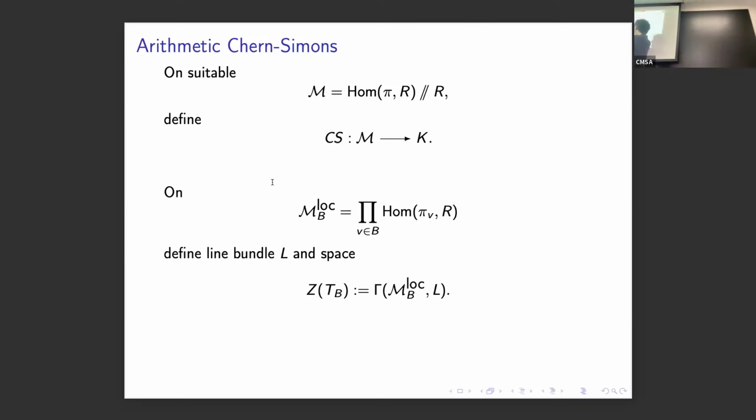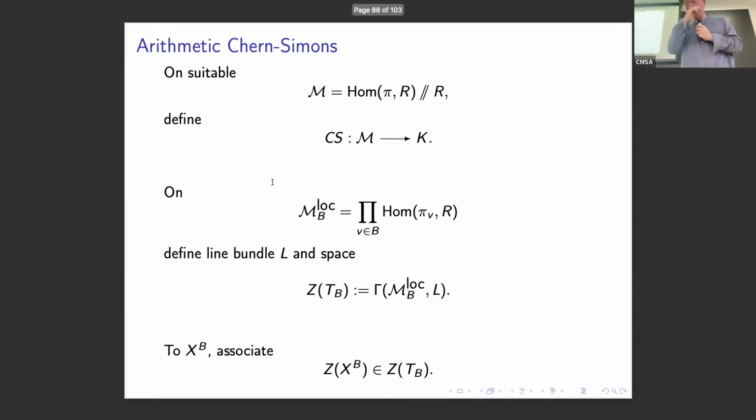Boundary moduli spaces associated to this arithmetic three-manifold with boundary, we can define a line bundle and the vector space of sections of the line bundle. And then with the manifold with boundary, we'll associate a vector inside the vector space. In other words, these superficial analogs of the topological picture work fairly well in this situation. One doesn't have to be conjectural about structures of this kind.